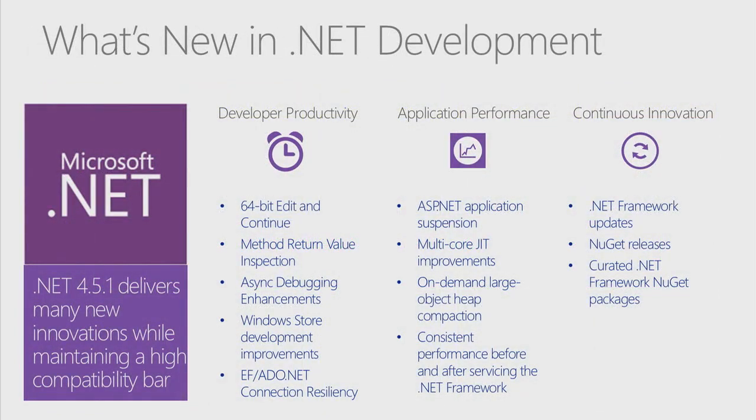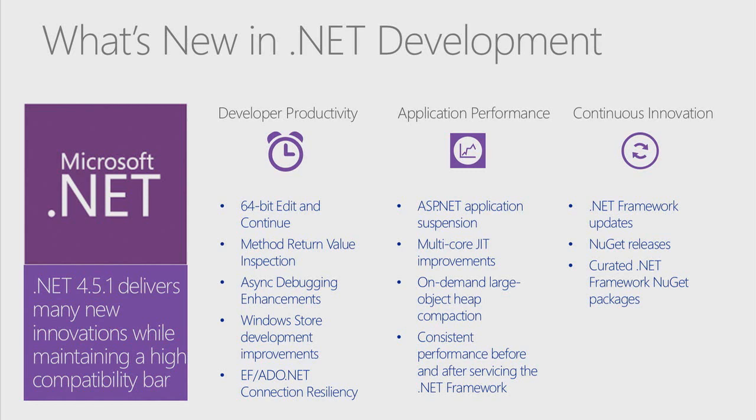If you look at what's new in .NET development, it essentially breaks down into three core areas: developer productivity, application performance, and continuous improvement. But one of the most important things to keep in mind is that despite these new innovations, we've worked really hard to make sure that .NET 4.5.1 delivers a very high compatibility bar.